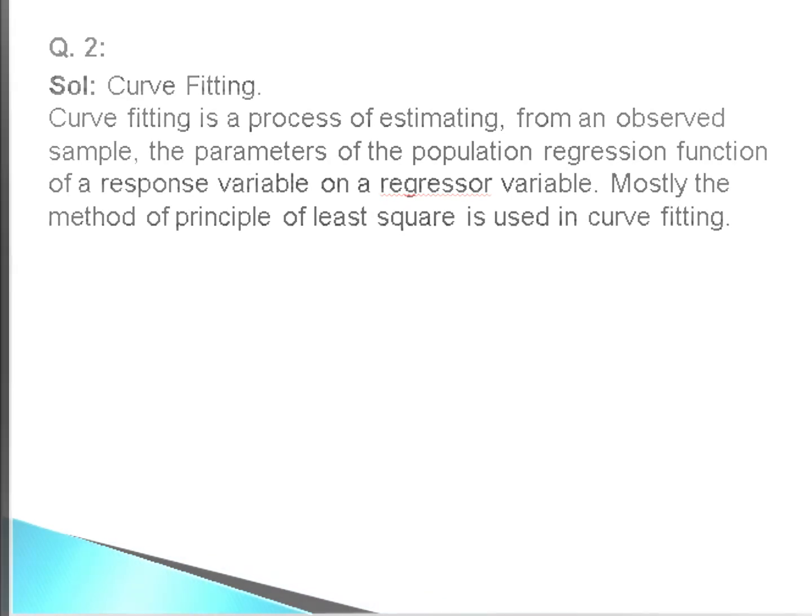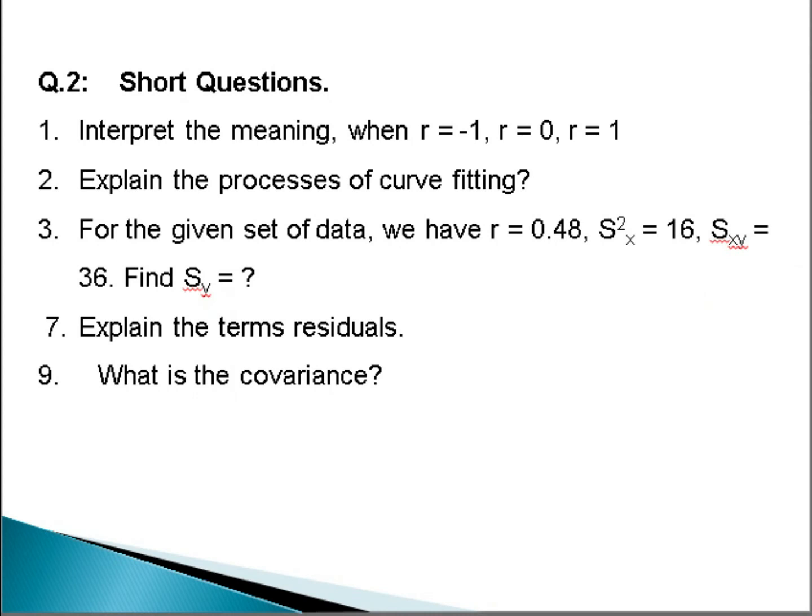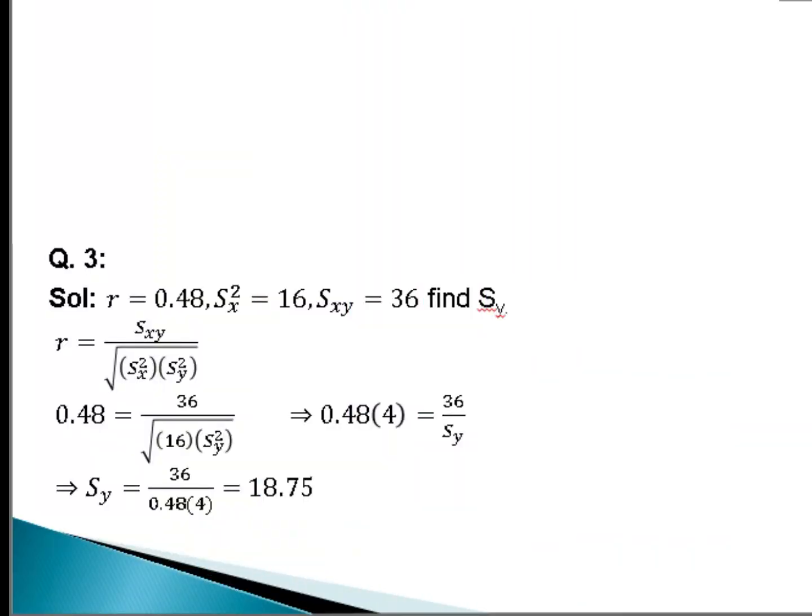Now question number 3. For a given set of data, when r is equals to 0.48, variance of x is equals to 16, covariance of x and y is equals to 36, find the value of standard deviation of y. Yes, students, now we know correlation coefficient r is equals to covariance of x and y dividing by square root of the product of variance of x and variance of y.